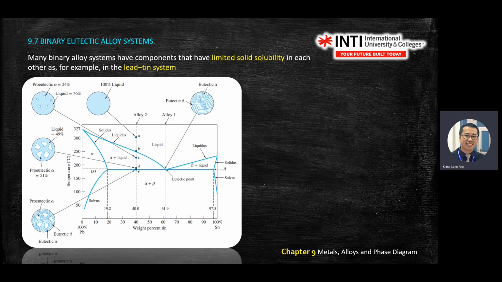As you look at the graph, go to the bottom of the graph and see what this graph means. This is the percentage of tin, Sn. The more you move to the right, the more tin, or Sn, you have. Identify where is the liquid and where is the solid.